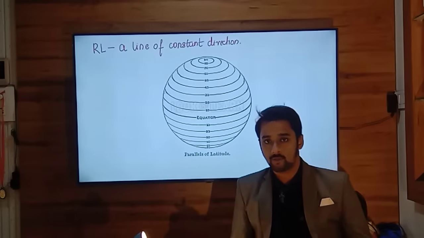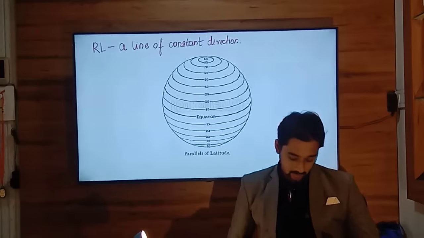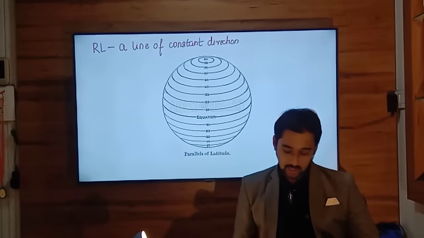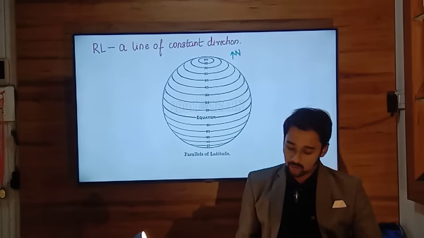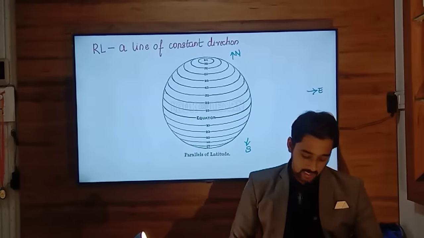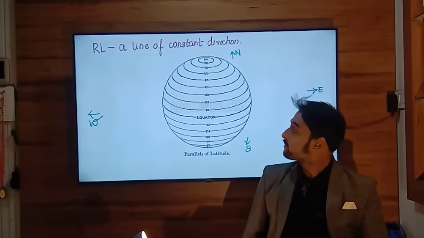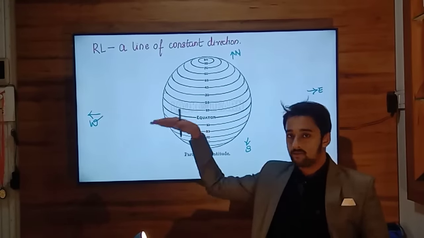Let's take two latitudes for our illustration of this concept. Let's take the equator first. Now we have the North Pole above, the South Pole down below, East here and West here. North, South, East and West.